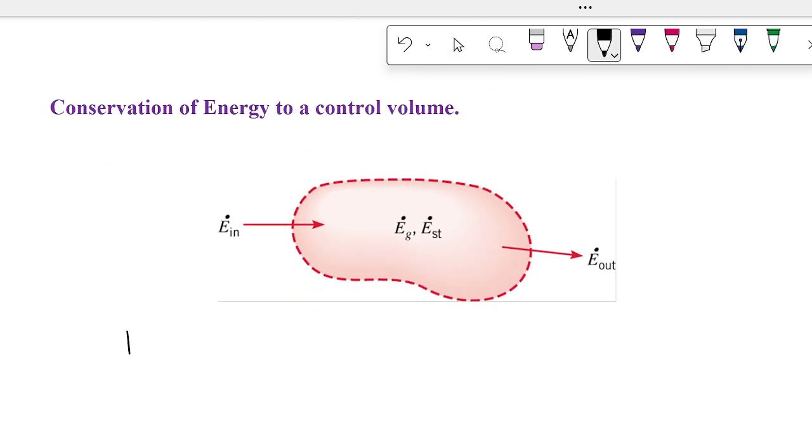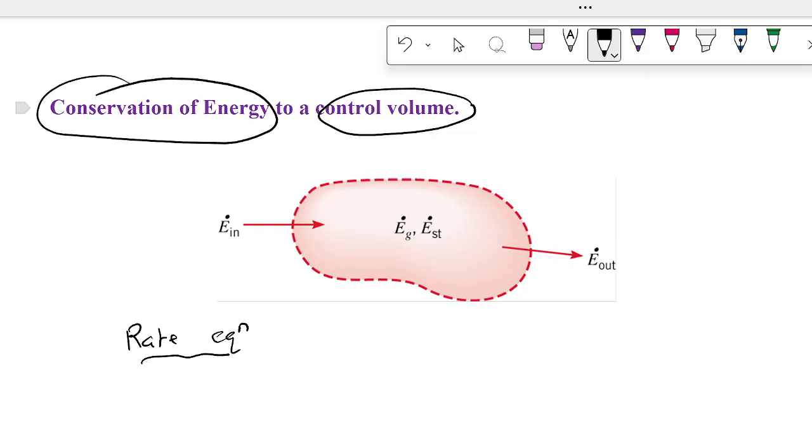All right, so what I'll be doing here is the rate equation. I'm doing the control volume first law, conservation of energy, and over here we have the energies coming in, energies going out, and energy generation and energy storage inside the bean. If you have a dot on top of any of these terms, what does it mean? I said it in last class.